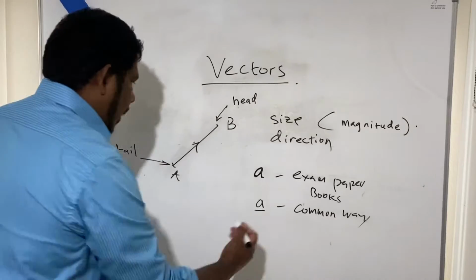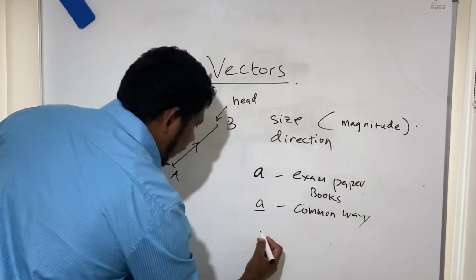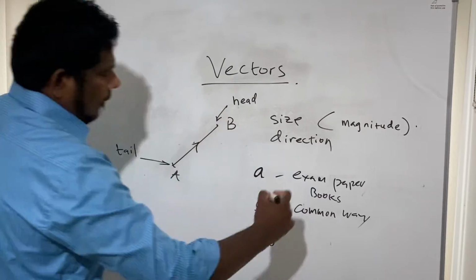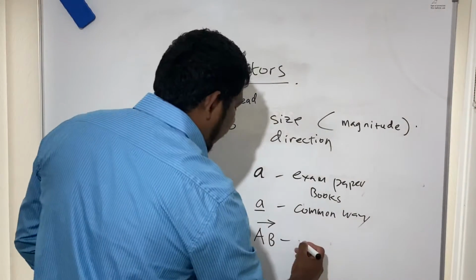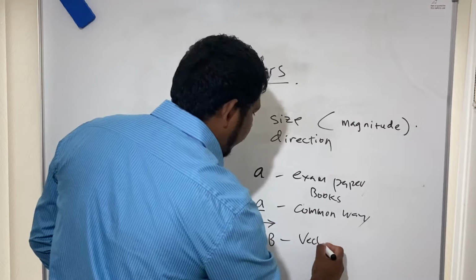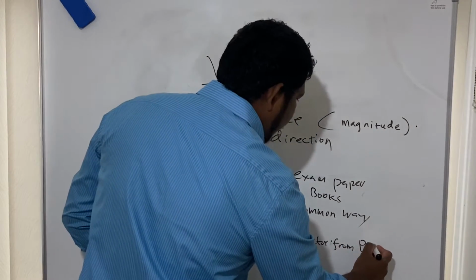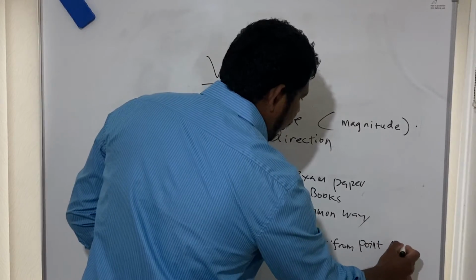Or we can write a vector from A to B, denoted like this. So it means the vector from point A to B.